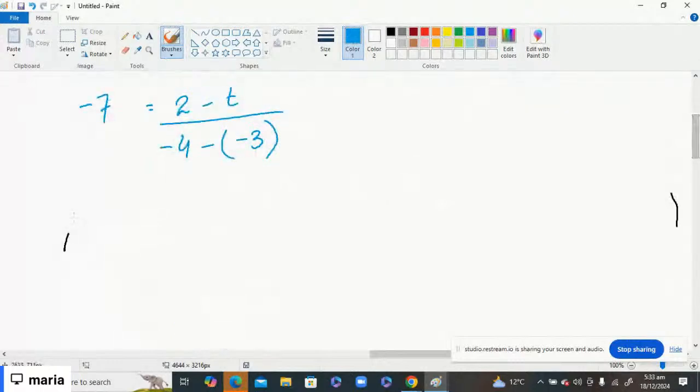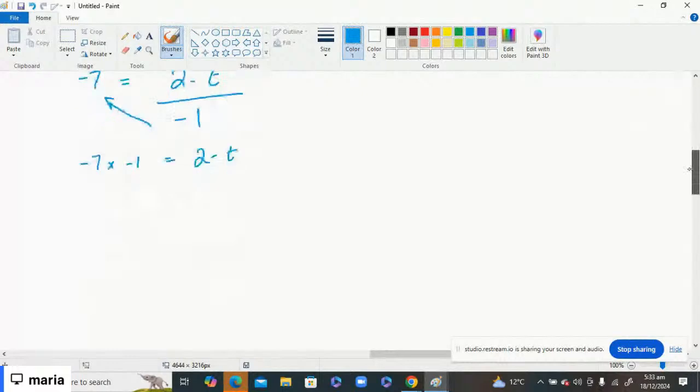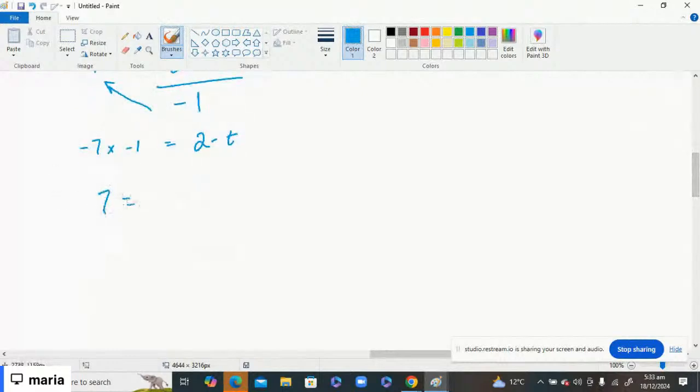So -7 as it is, 2 minus t as it is, here is -4 plus 3, minus minus becomes plus. -7 is equal to 2 minus t over -1. This -1 should multiply with -7. So this becomes 7 is equal to 2 minus t.